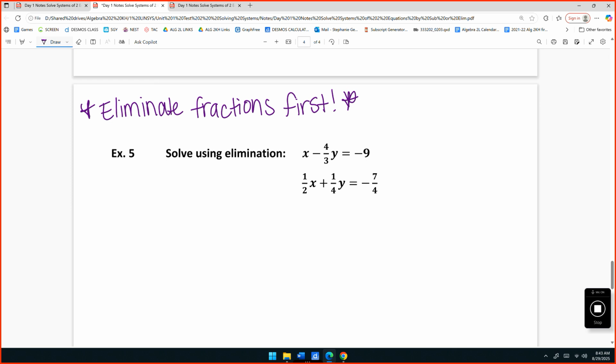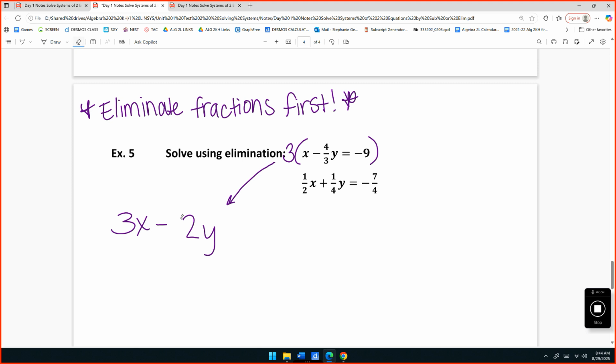Okay. So for the first equation, multiply by the denominator, right? Everything here gets multiplied by 3. I'm going to write that answer over here so I have more room. So 3 times x is 3x. 3 times negative 4/3 y just knocks out the denominator, so it'll be minus 4y. Nope, that's wrong.